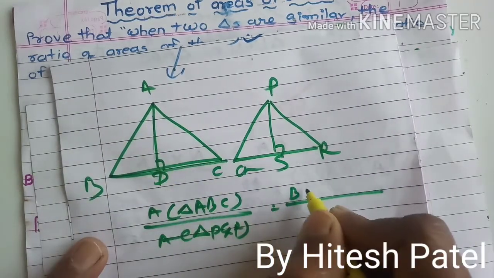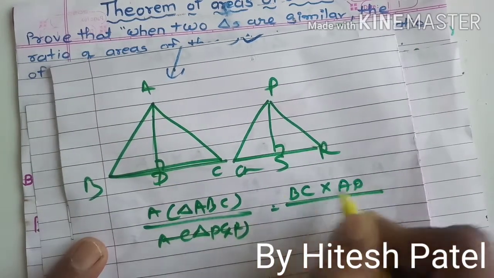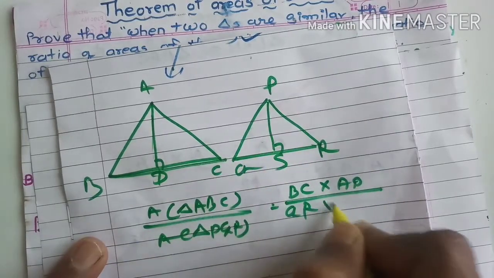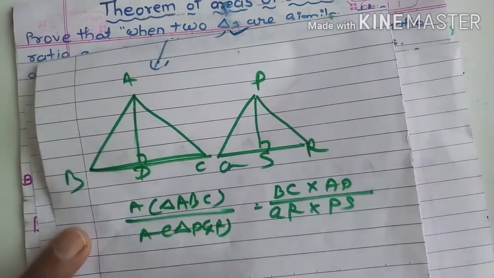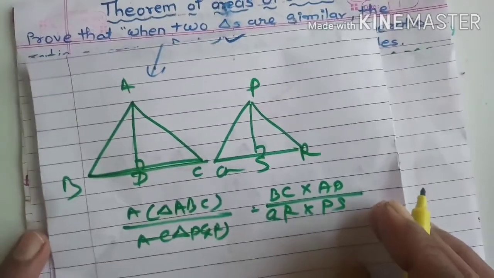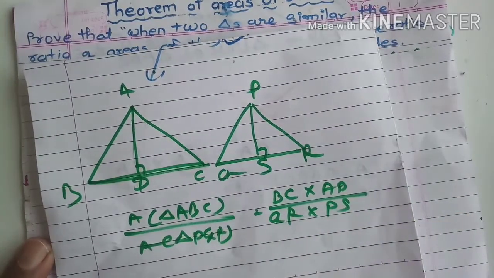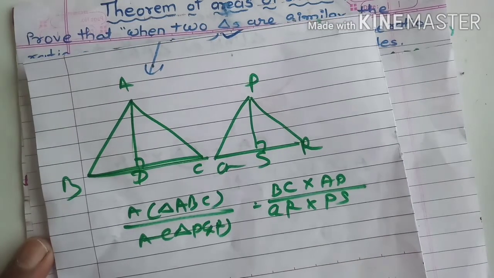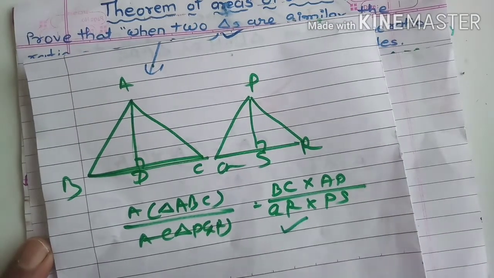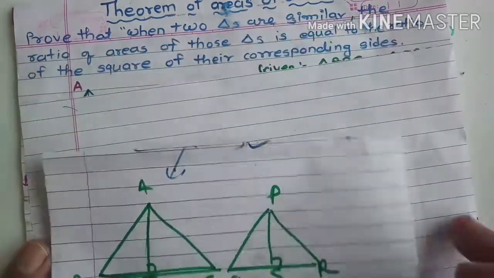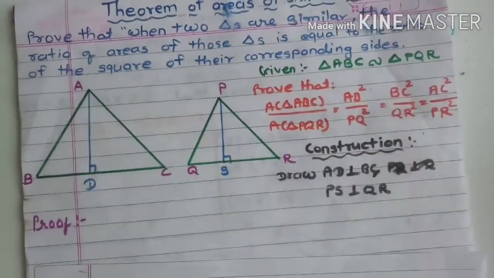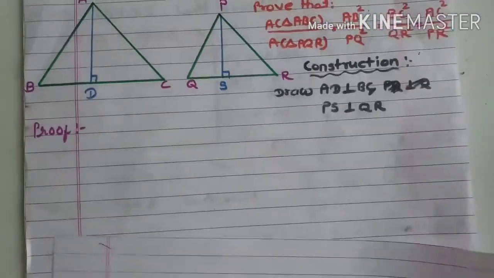So BC into AD and QR into PS. The name of the property is the ratio of areas of two triangles, the first property in this chapter.